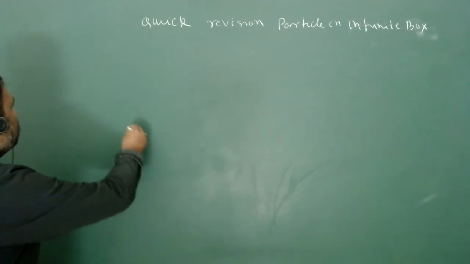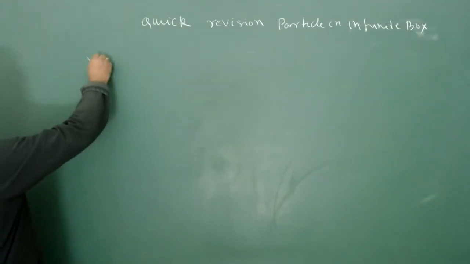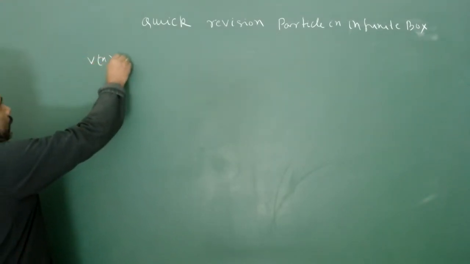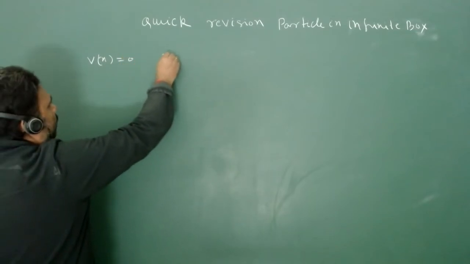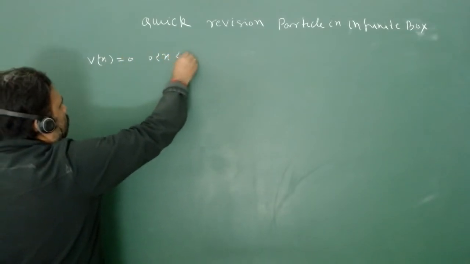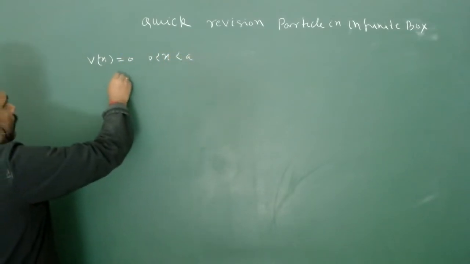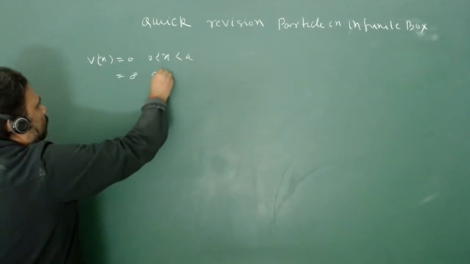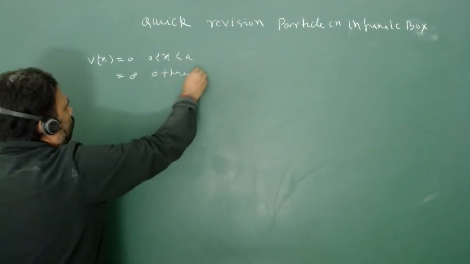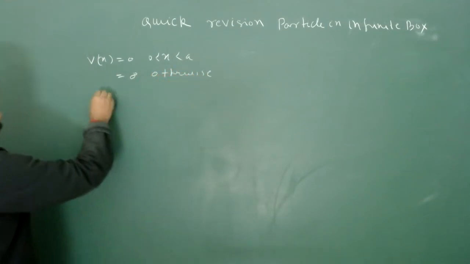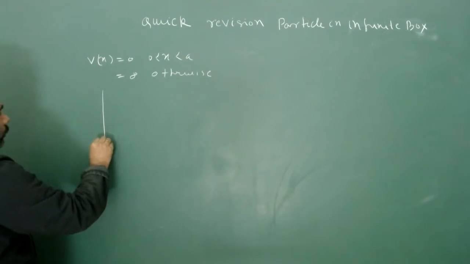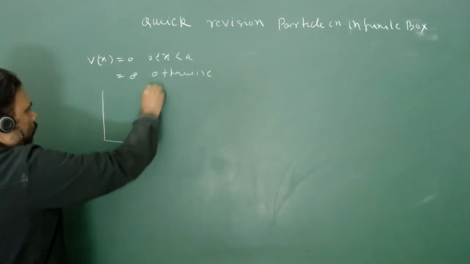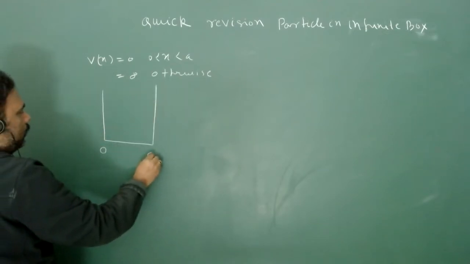The first box is that V(x) is equal to 0 for x between 0 to a, and infinity otherwise. And this is a schematic diagram for a one-dimensional box between 0 to a.